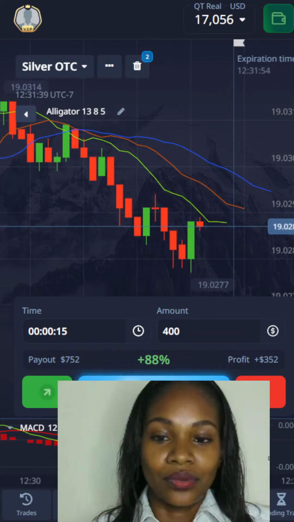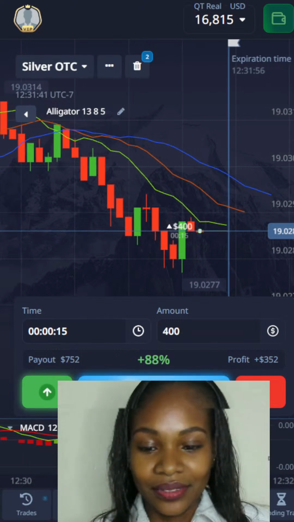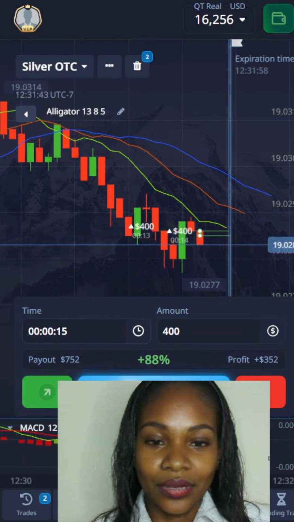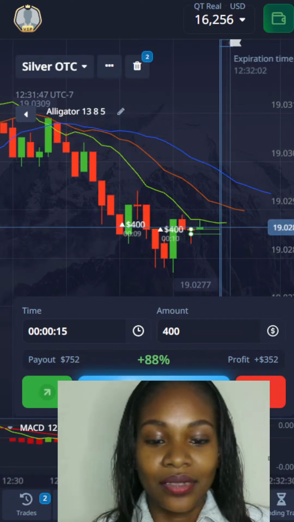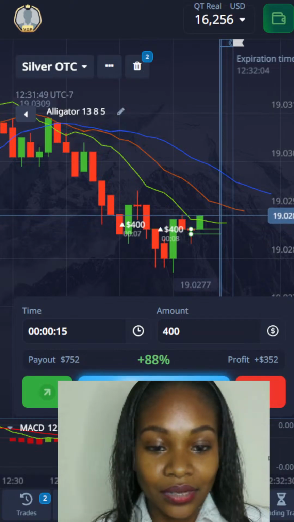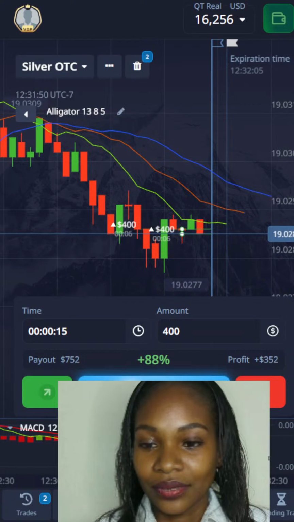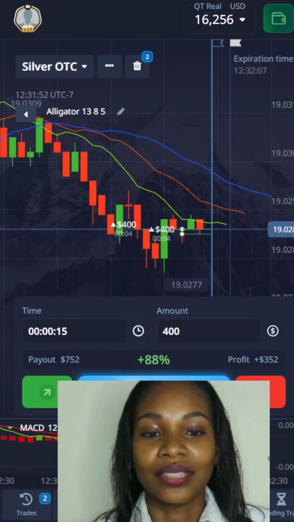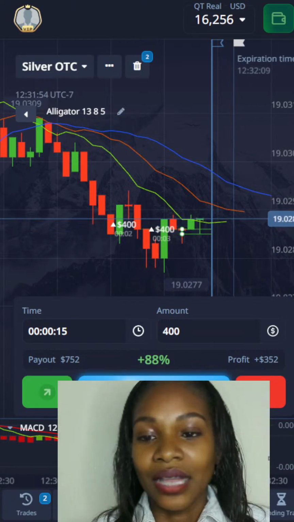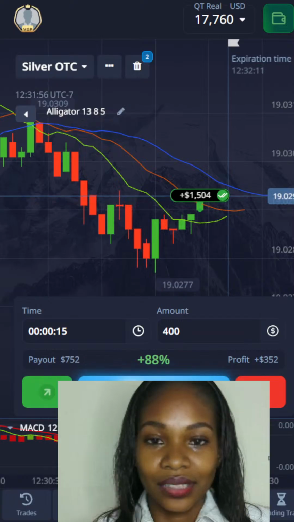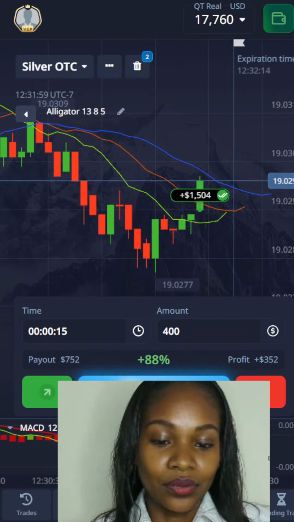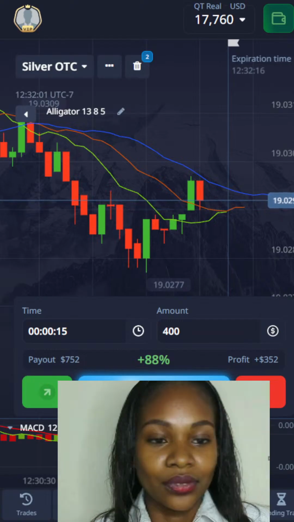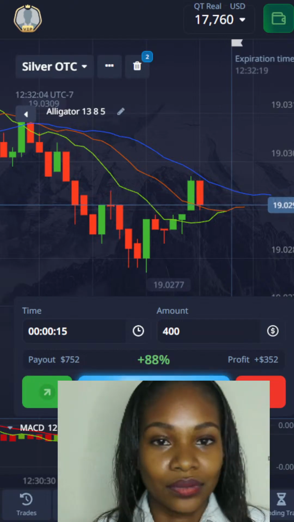So the other thing I was saying is that I want you to be independent. If you have a strategy that you are using, and it has been working for you, it has been good for you, unless you feel like you need a change of strategy, feel free to do all you have to do for as long as you are making profits out of it. So that is my strategy.